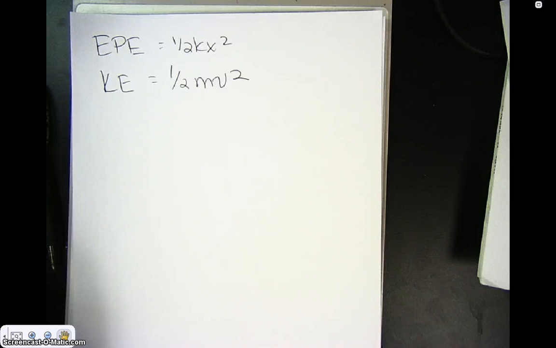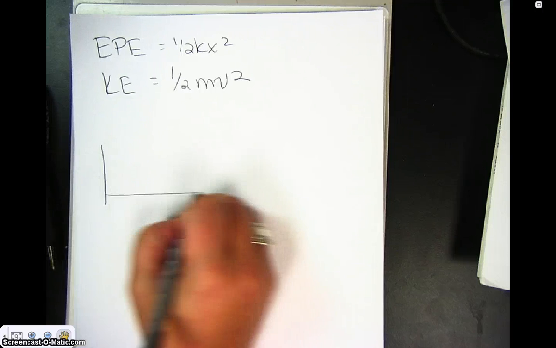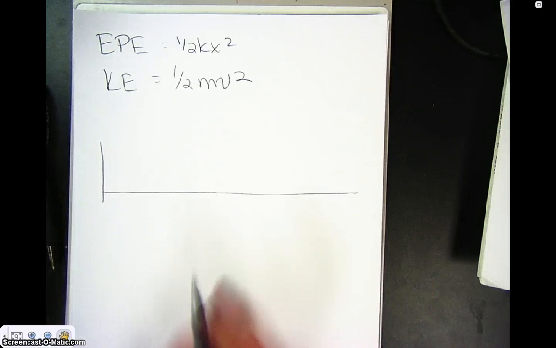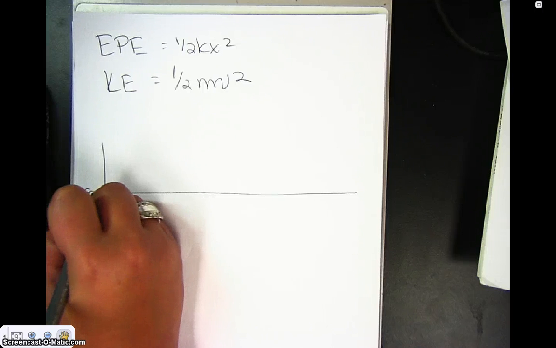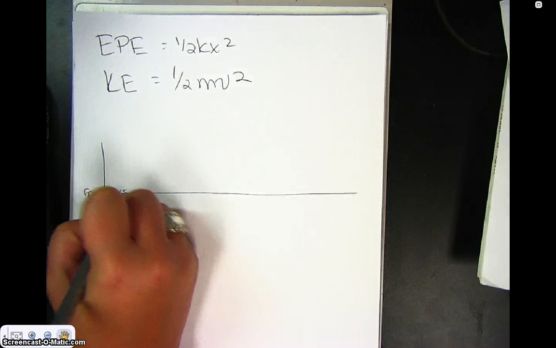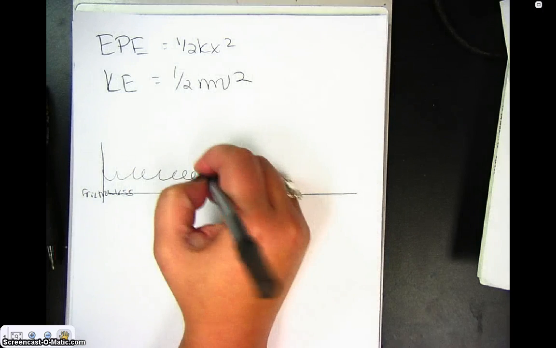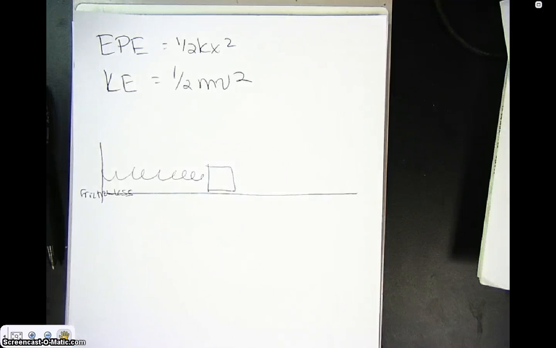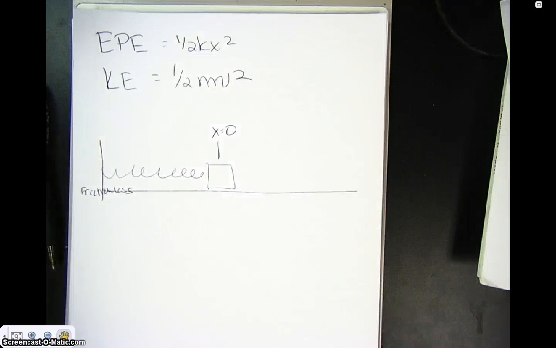So I'm actually going to show this so we can ignore gravity altogether. Let's put the spring on its side instead and say that this is a frictionless surface here. So I put the spring on its side, and this is its natural position. So this is where x would be equal to 0, right?